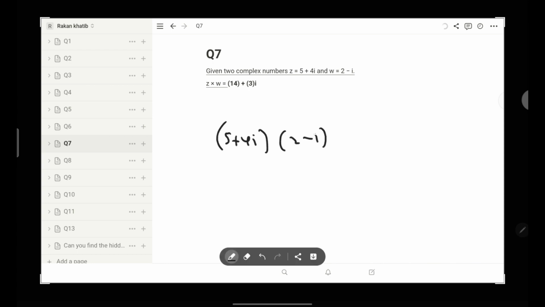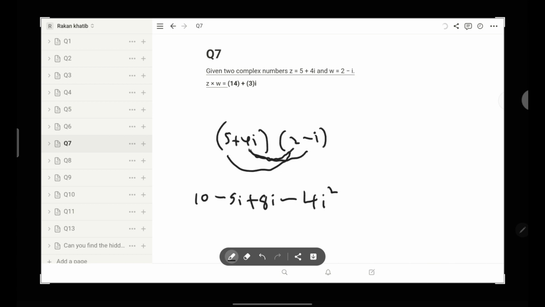They want z times w, so we just multiply everything normally. 5 times 2 is 10, and then 5 times minus i is minus 5i, and then 4i times 2 is plus 8i, and then 4i times negative i is minus 4i squared.